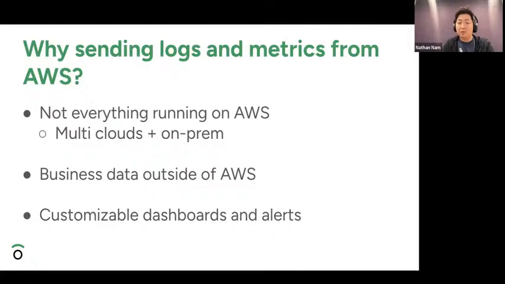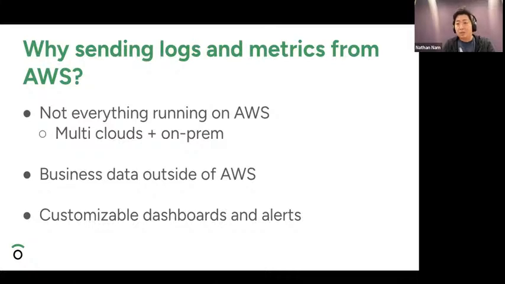This kind of data usually doesn't exist in your EC2 instance or the Lambda function or EKS cluster. So you can easily augment these telemetry data like logs and metrics from AWS with the business data in Observe to help you quickly understand the business impact of your ongoing incident or your previous incident.